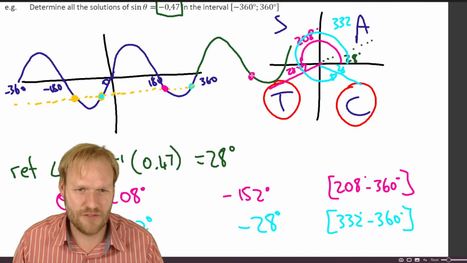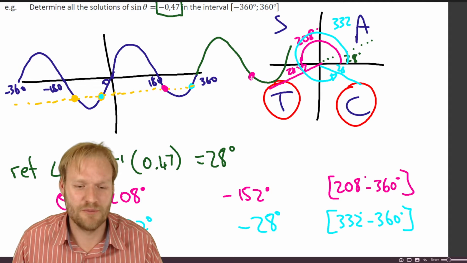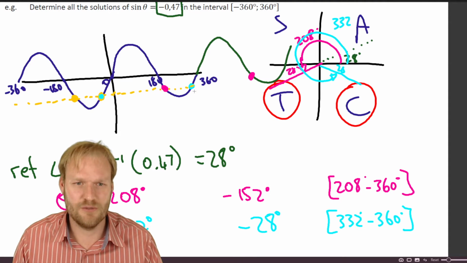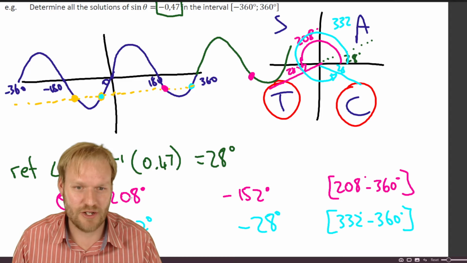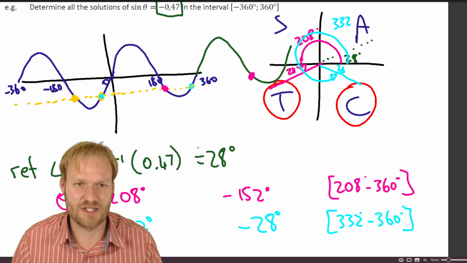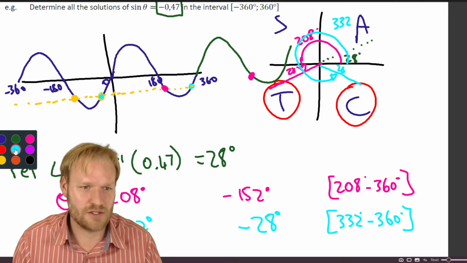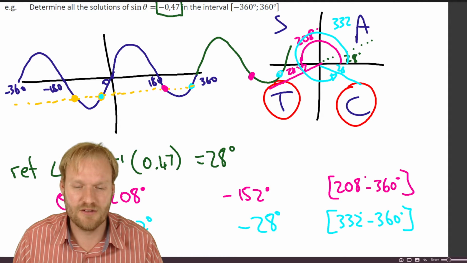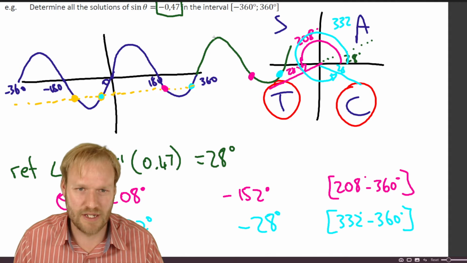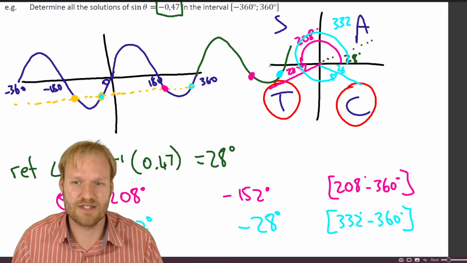What would the value of this pink solution here be? Well, we've just added another 360 degrees, haven't we? So we take 208 and add 360 degrees. What about this next blue solution over here? Well, it's this one here and we've just added another 360.